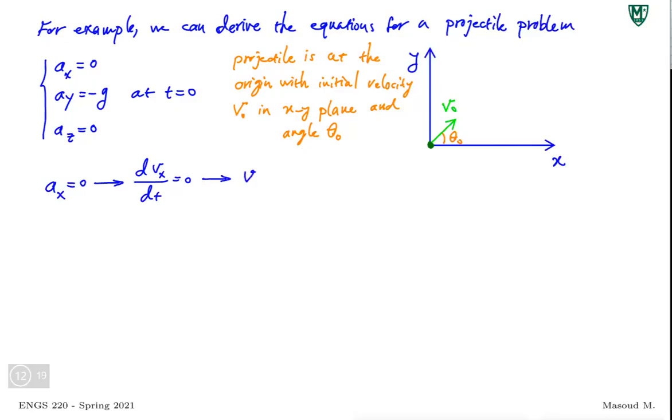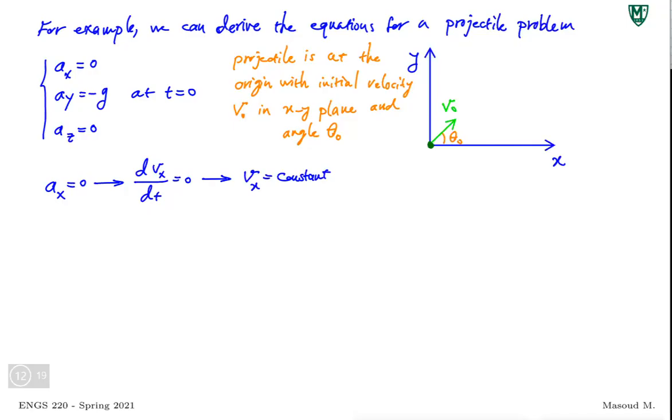That tells me that vx is constant, because its derivative with respect to time is 0. Vx is constant. What does that mean? It means whatever the component of velocity is in the x direction at the beginning of the motion, it's going to be the same for the whole motion.